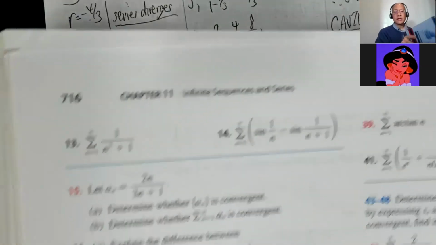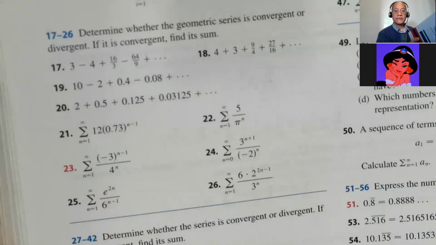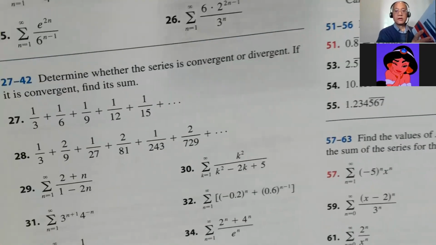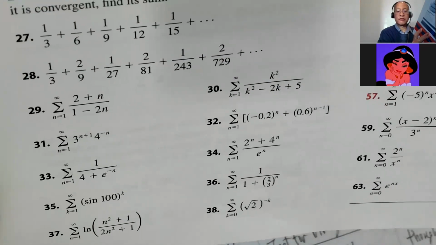Okay, so page 716. 17, 27. I have to raise it up, sorry, to see 35, 37 way at the end there.